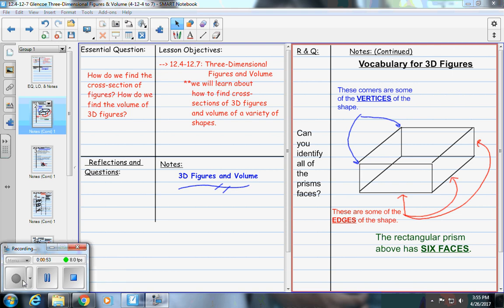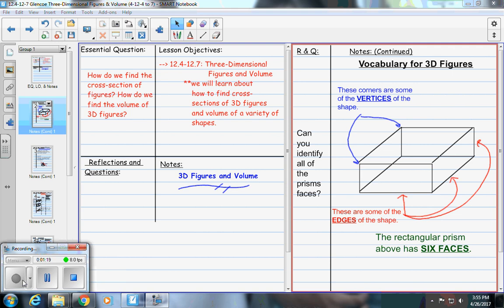So we're going to talk about a little bit of vocabulary on 3D figures. And you have to realize on this image I'm showing you, I'm not showing you every edge, and I'm not showing you every vertex, but I am trying to get you to understand what the vertex is. And just so you maybe haven't connected this yet, vertices is the plural of vertex. So the first kind of vocab on any three-dimensional figure is the corners.